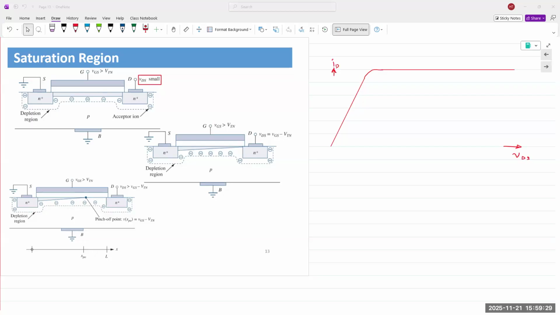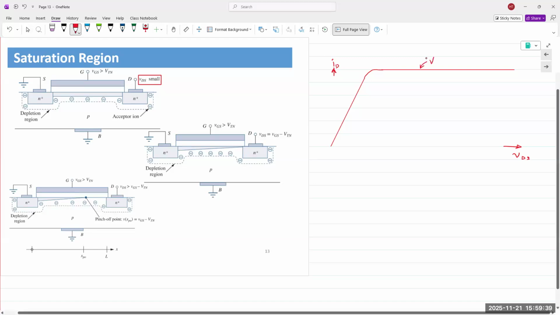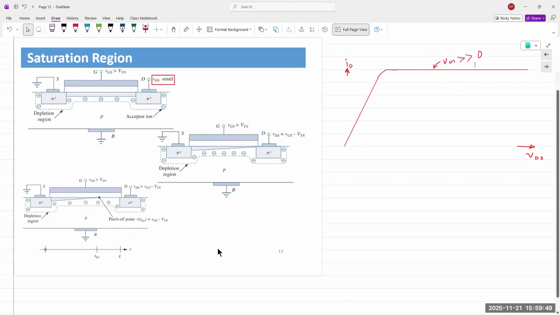And what you're doing is increasing the voltage VDS. And this, of course, is for VGS far greater than 0. That's the maximum. When VGS is equal to 0, there is no channel, so you would not get anything. What happens is, similar to the FET, when you keep increasing VDS, this depletion region keeps on increasing.